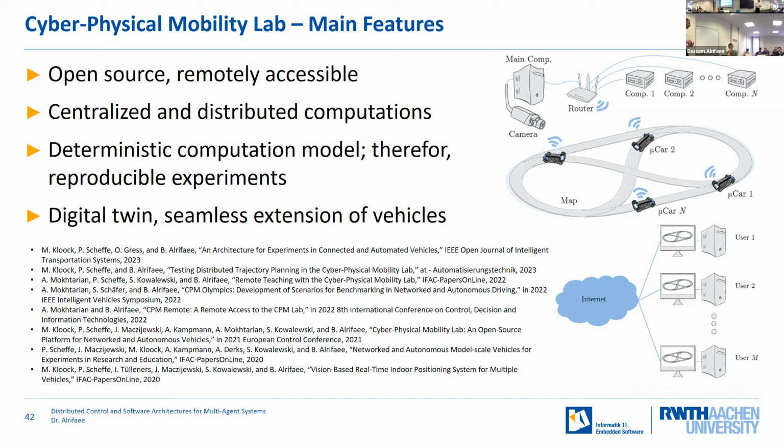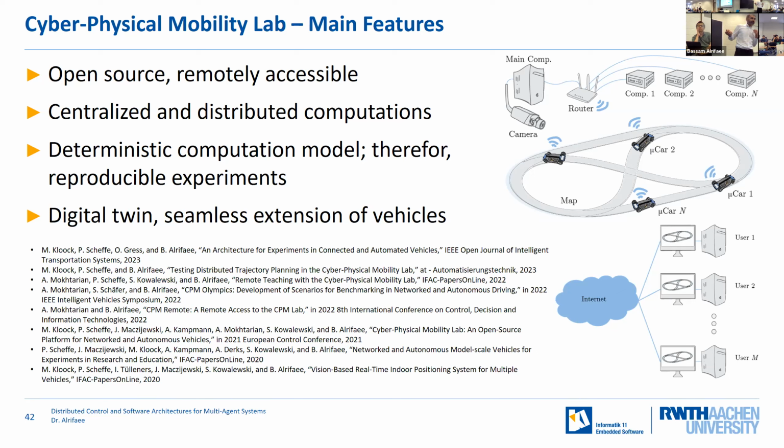If Armin is in the Zoom call, maybe you can check if he is there. And we allow for centralized and distributed computations, and very important also for computer science students, we have a deterministic computation model. Maybe you have heard about the theories of Professor Lee from Berkeley about the importance of deterministic computations in embedded systems.